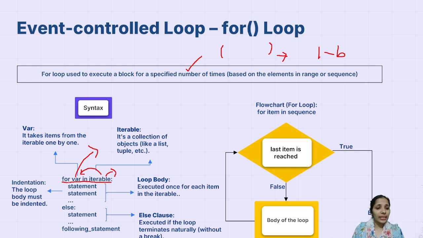Here, for is our keyword, and var is a container which holds the data that comes from the iterable. The iterable could be anything. It could be a list, which is enclosed in square brackets, as we have already discussed in data types. A tuple is enclosed in parentheses.